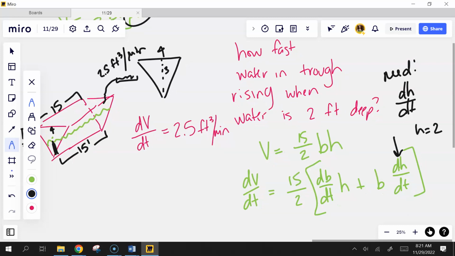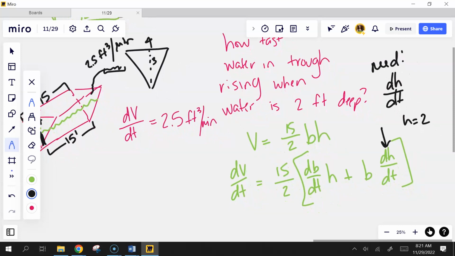Any ideas? Because I have too many variables here, right? Do you see that I've gotten to this point and I go, okay, well, I know dV/dt. I don't know dB/dt. I do know H. Do I know B?